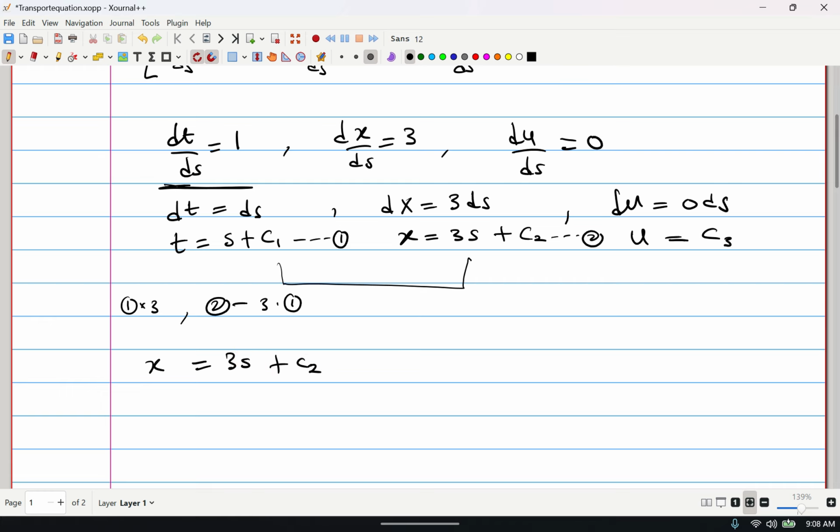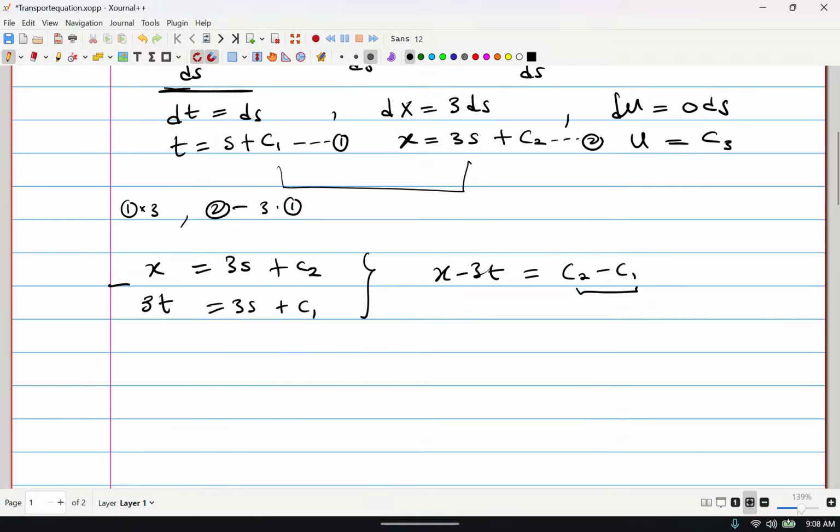Now when you subtract them, the left side is going to be x minus 3t, and the right side is going to be 3s minus 3s, so that goes to 0, and you have c2 minus 3 c1. Both are constants, so when you subtract them, definitely you're going to get a constant. So you're going to have x minus 3t is equal to some constant that we don't know. So eliminating the parameter s, this is what we get.